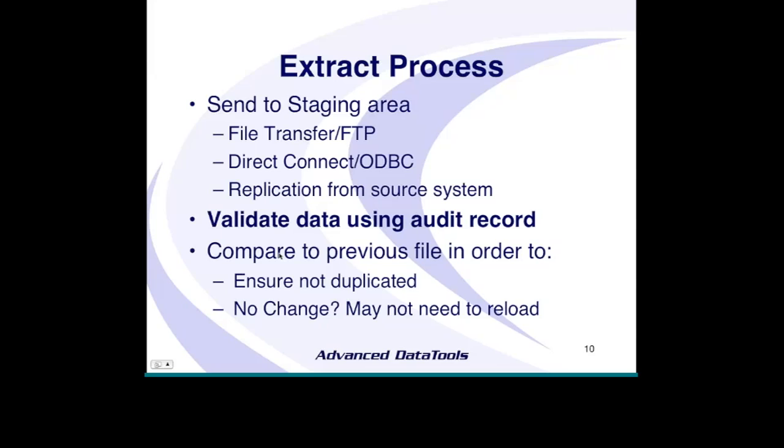If there's any manual intervention, like you have a job scheduler person that has to type in something to send you a file, they make mistakes. And by comparing the file you just got to a previous file, you can see if it's a duplicate.